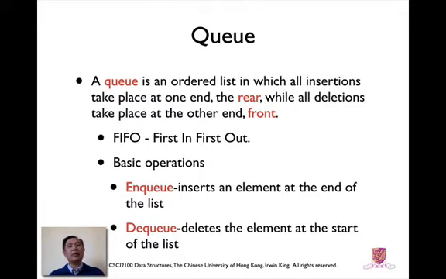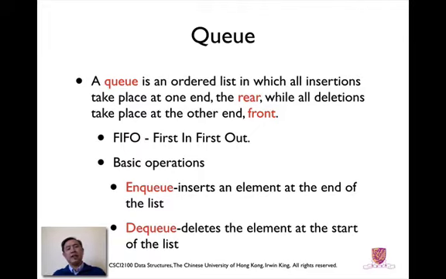This is like when you're standing in a queue to get onto a bus or to be served at a bank. If you enter the queue, it's first come, first served. So if you are there first, then you will be the first one out as well.